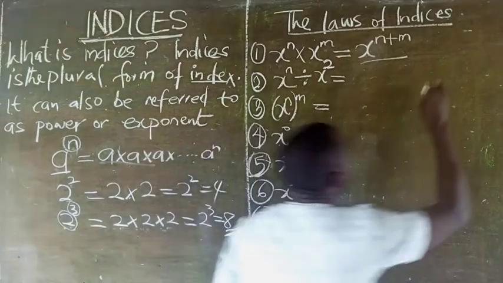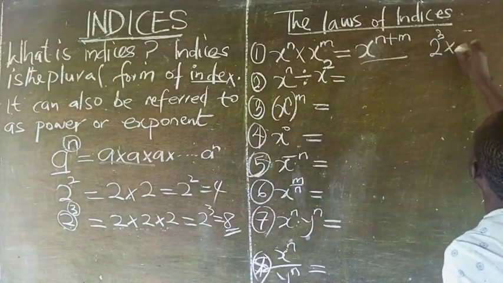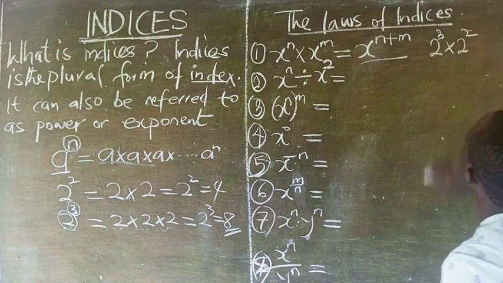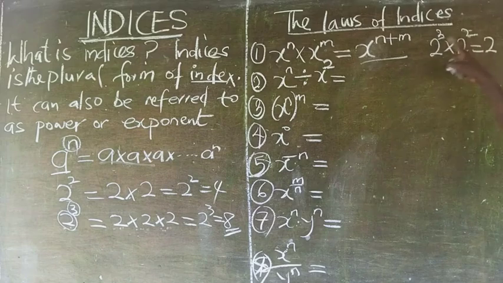For example, if we have 2 raised to power 3 multiplying 2 raised to power 2. So what did it say we should do? Write 2 once, add the powers. 3 plus 2, which is equal to 2 raised to power 5. You see?